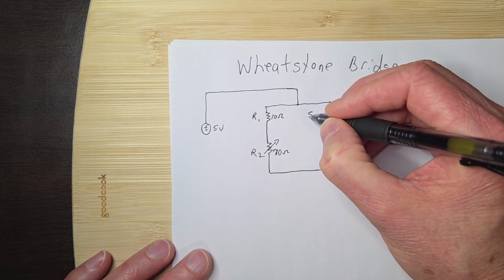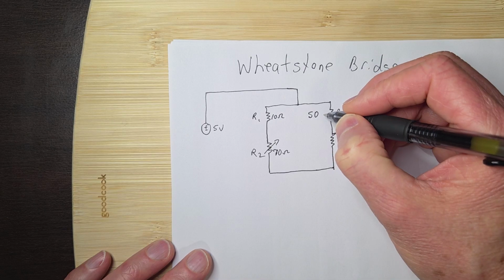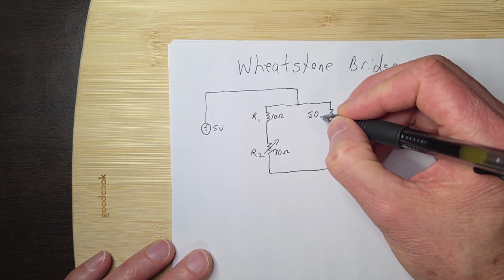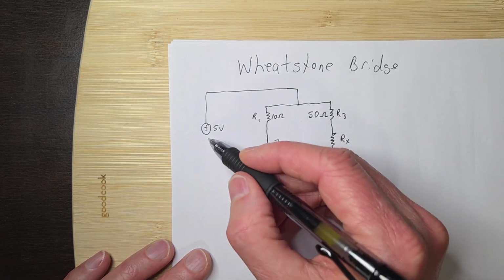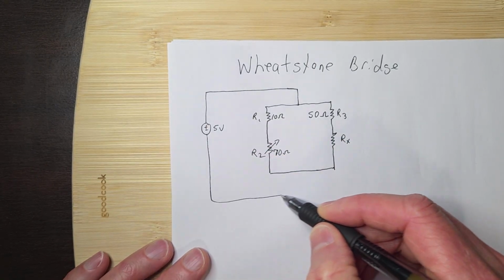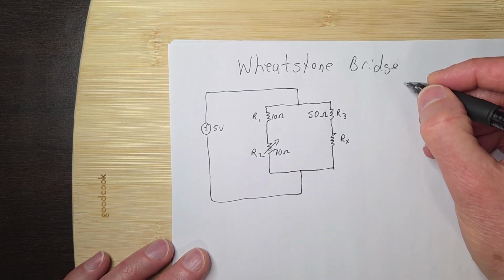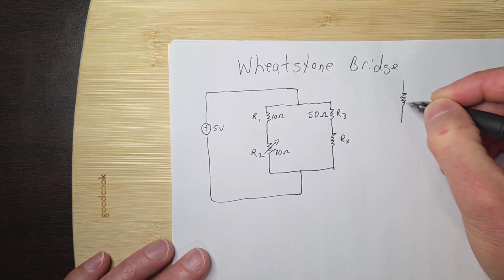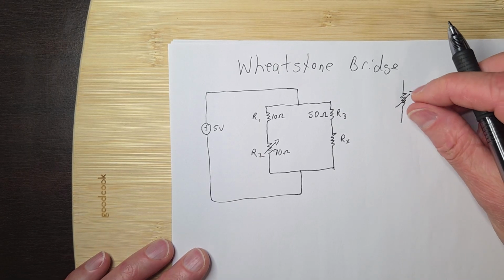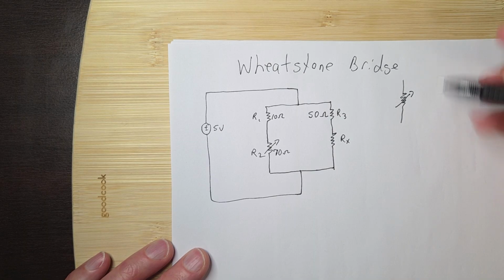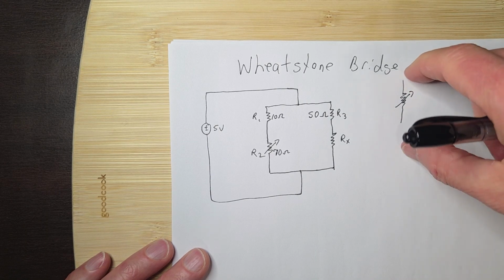So let's just call this 50 ohms. So we'll do this 50 ohms right here. Okay, so we have no clue what this is. And what's cool about this too is we can add a variable resistor. This is a variable resistor, this symbol right here. It just means that we can have a wiper blade inside the resistor. You can turn a knob, and this resistor will change resistance up to a certain level.